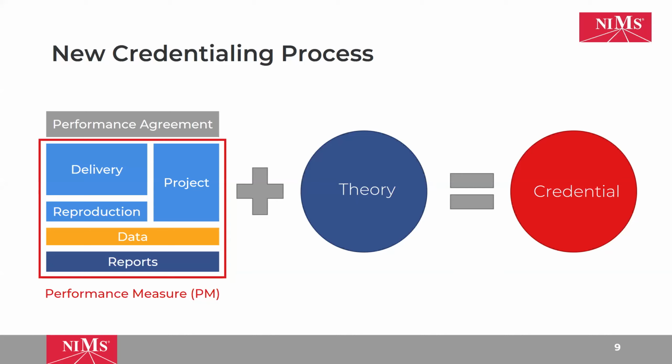It's all contained, and what you're seeing are all of the components that are associated with a performance measure. So we've labeled them as delivery, project, reproduction, data, and reports. Now, what sits outside of the performance measure is a performance agreement. So we'll get into the meaning of each component, but for now, look at it, it's still performance plus theory equals credential. However, performance is enhanced into what we call a performance measure.